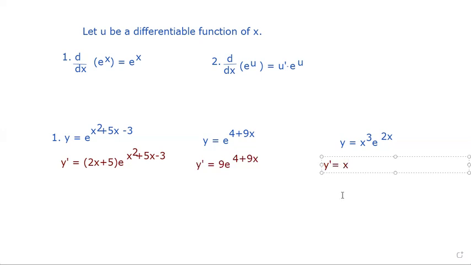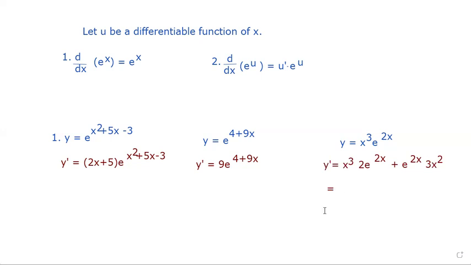The first term, which was x cubed, times the derivative of the second term, which is going to be 2e raised to the 2x, plus our second term, which is e raised to the 2x, times the derivative of our first term, which in this case is going to be 3x squared.